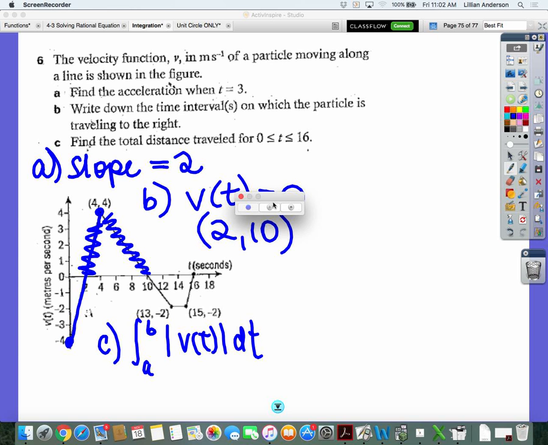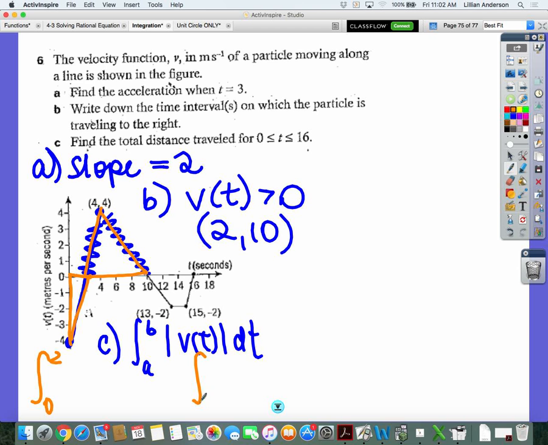So you need to notice that this is the very first thing that we did when we were doing definite integrals. You have a triangle from 0 to 2. You have another triangle from 2 to 10. And then you have a trapezoid from 10 to 16.